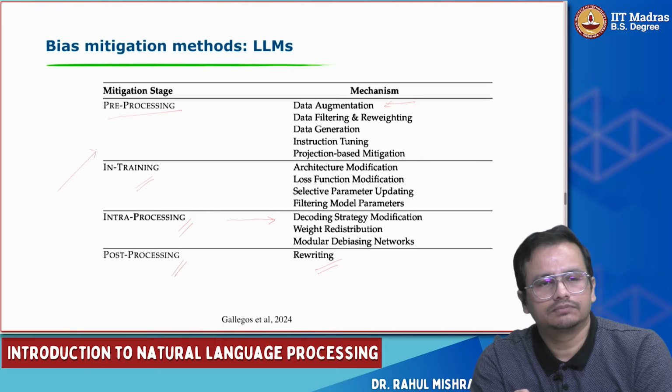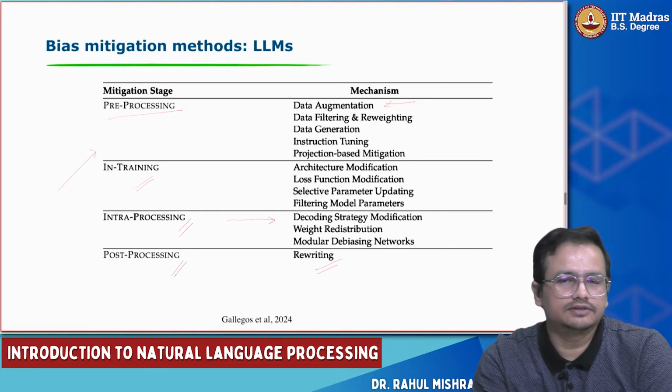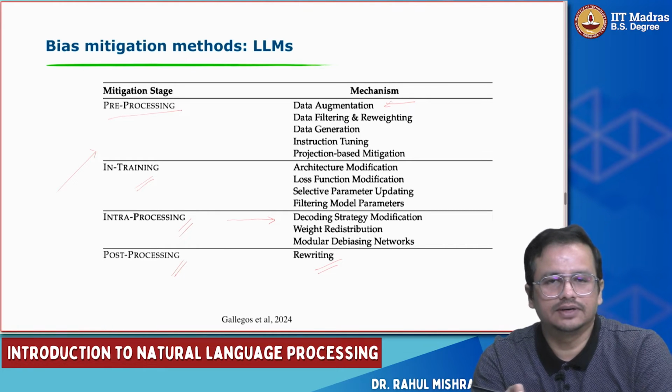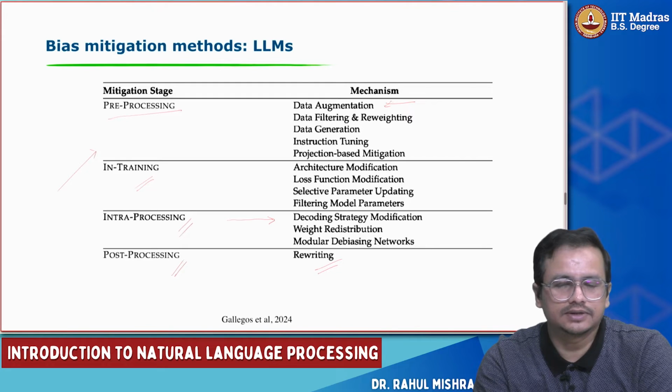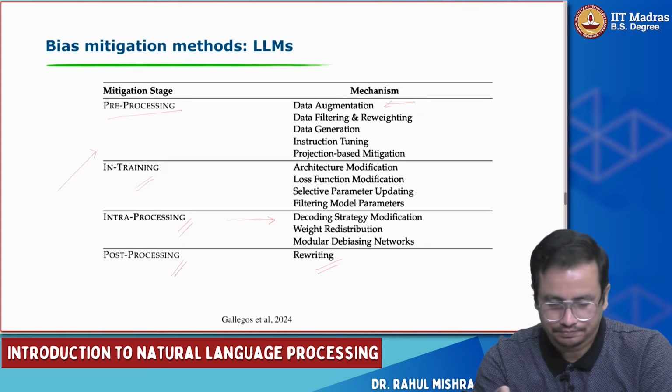Let's say gender bias is there in a particular data set, and there is less representation of females in the overall samples. So you want to augment more samples which are representative of females, right? So it's a sentiment classification, and most of the data is coming from men. You don't have women representation there.